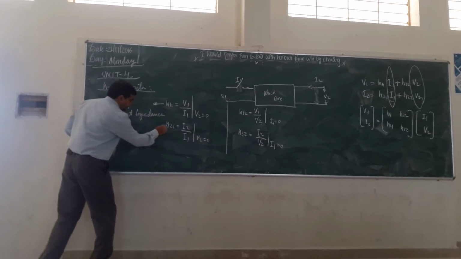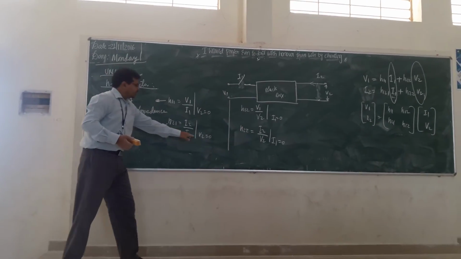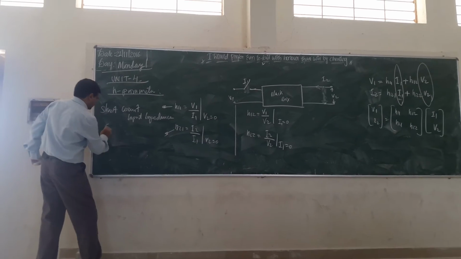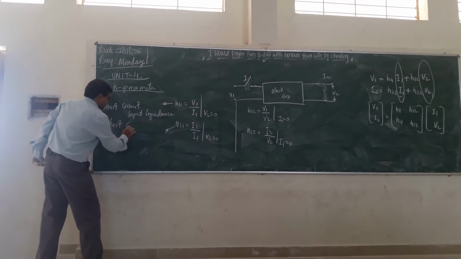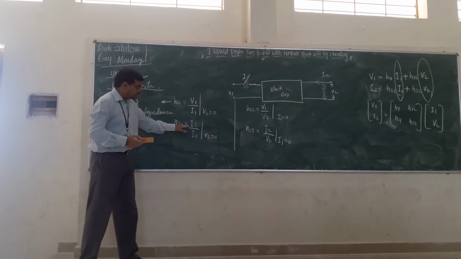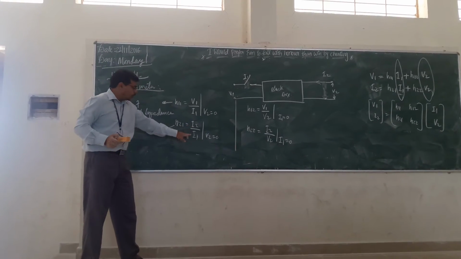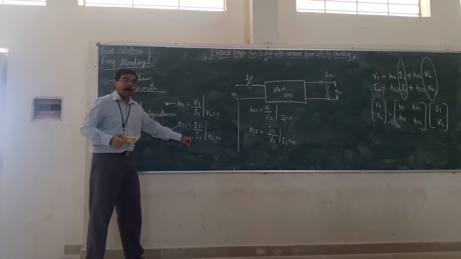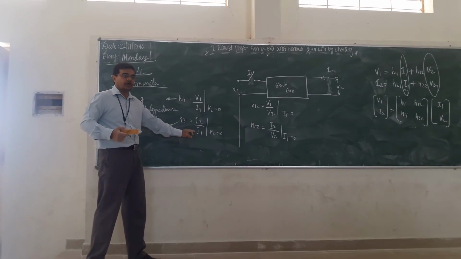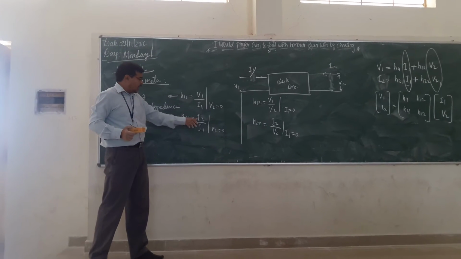Now let us go for H21. Here also we are keeping V2 equal to 0, which means short circuit. Here it is the ratio of currents.